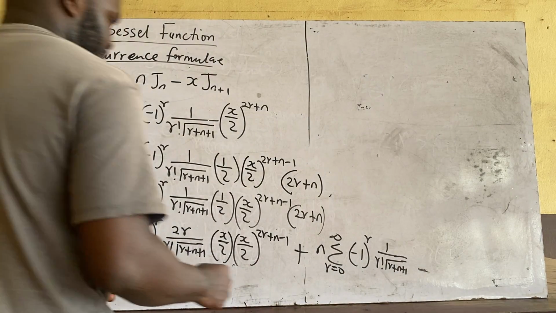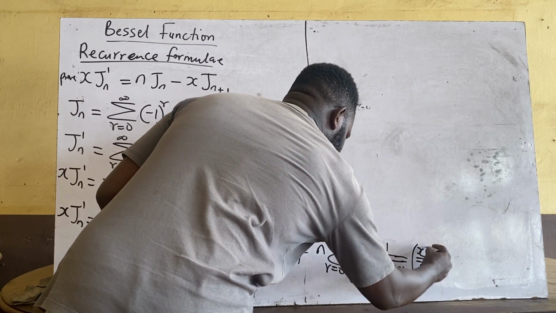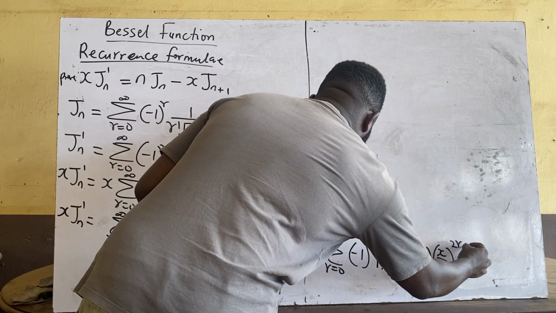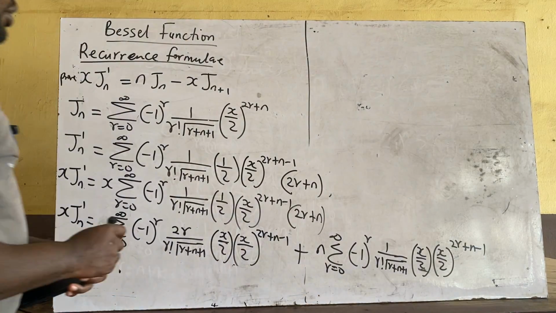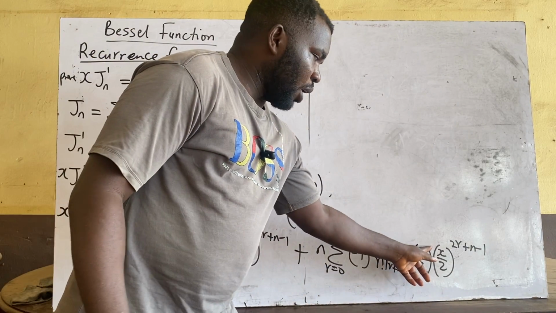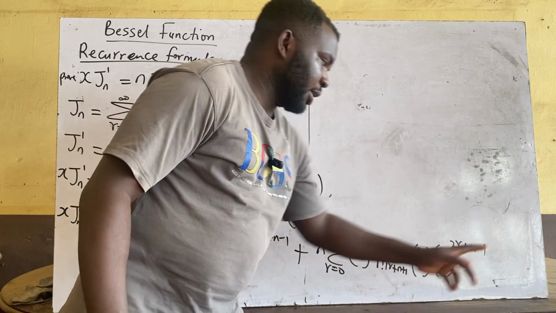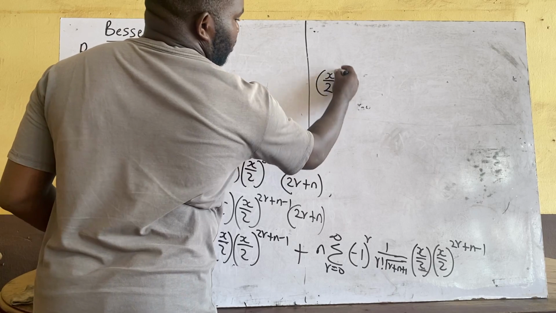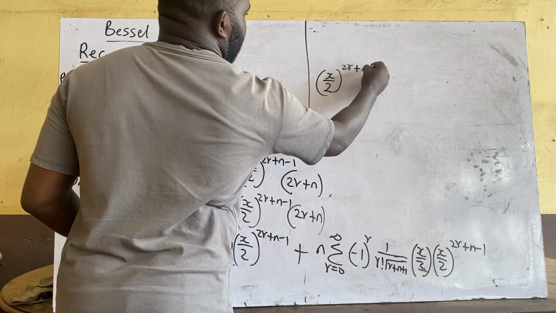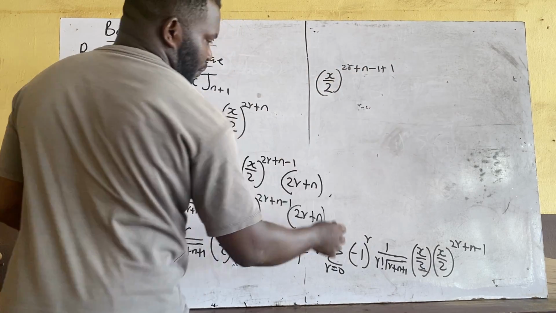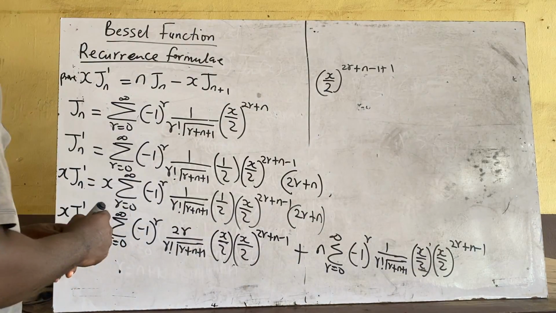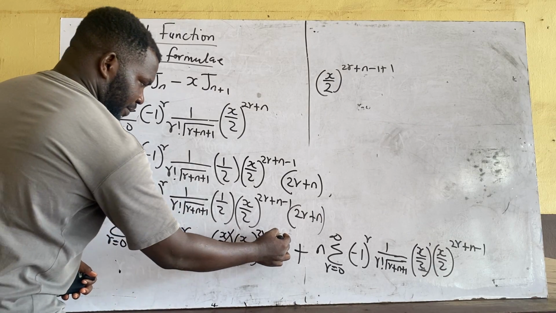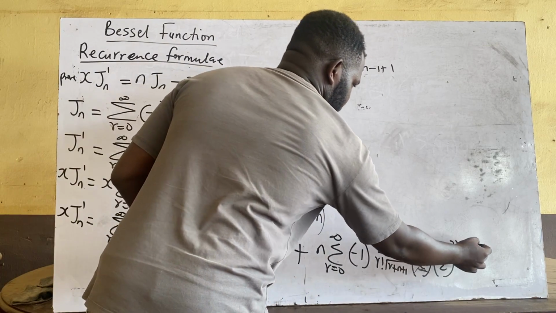Then x over 2 again, raised to power 2r plus n minus 1. So according to indices, this x, raised to power 1, will take care of the minus 1 here. It becomes x over 2 all raised to power 2r plus n minus 1 plus 1. So the plus 1 is because of the power 1 here, and this takes care of the minus 1.